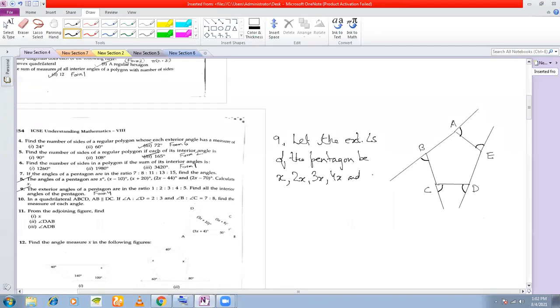Can I take it this way or not? Yes, sir. So let's say this one is x, this is 2x, this is 3x, 4x, and this is 5x. Find all the interior angles of the pentagon.